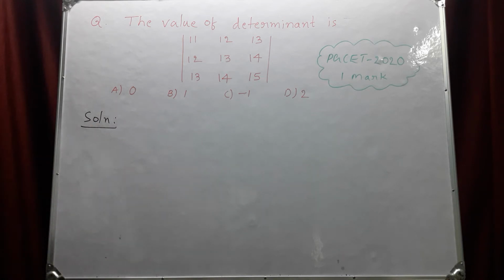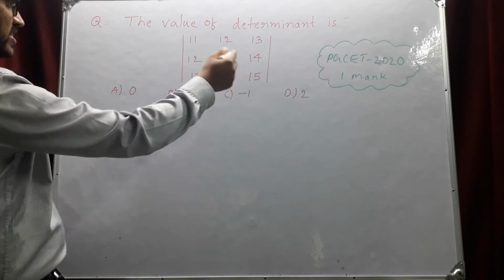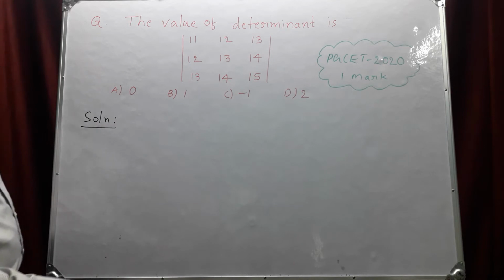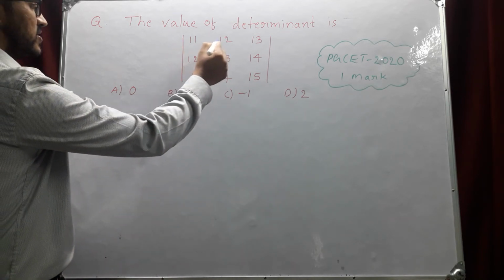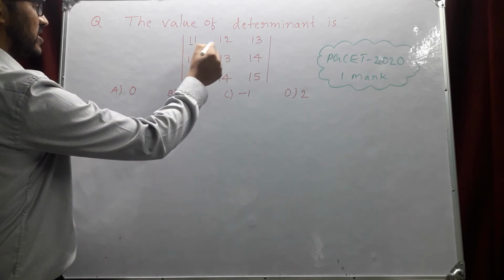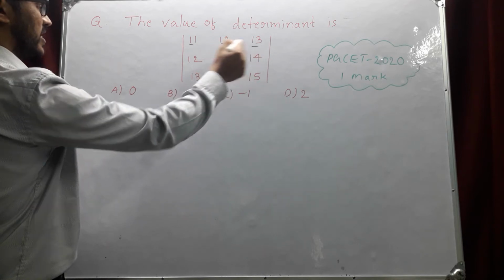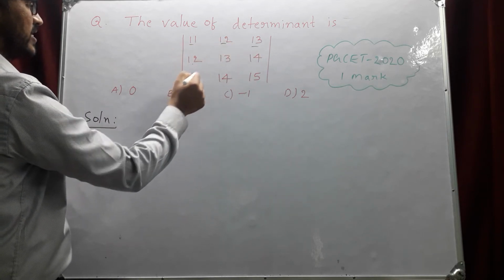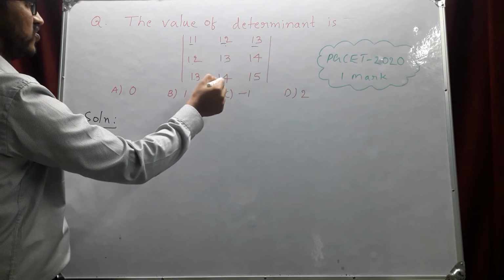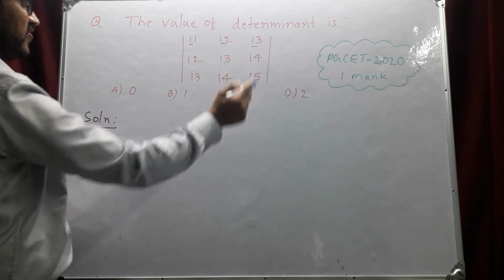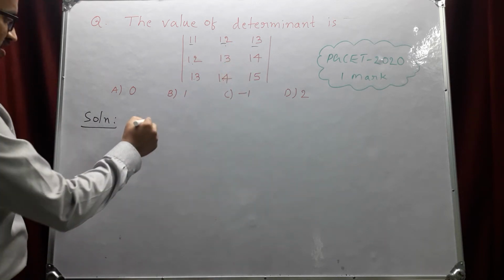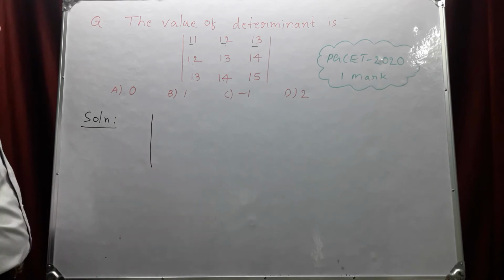So these type of determinants, if you see the determinant here, the numbers are consecutive numbers, 11, next number is 12, 13, here 11, 12, 13, 12, 13, 14, 13, 14, 15. So determinant of consecutive numbers is always 0.